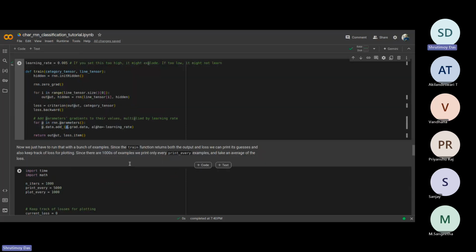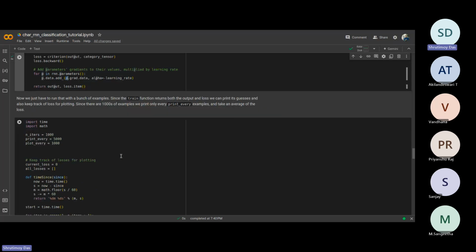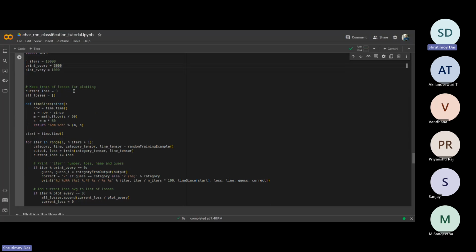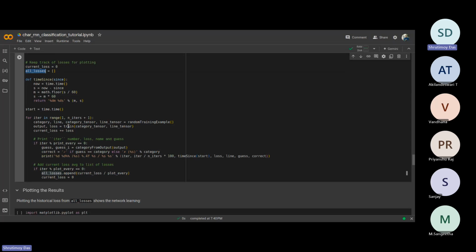Okay. So now say I want to do this for 10,000 iterations. I will print these losses every 5000 iterations, and I'll plot it every 1000 iterations. So I track what losses I get till now, and I call the training algorithm here.